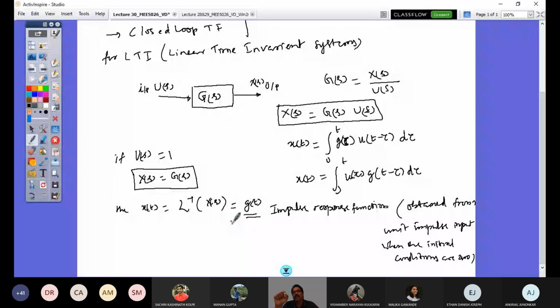So it's what's called an impulse response function in time domain. If I take the Fourier transform of my impulse response function, what I get is called a frequency response function. If I take the Laplace transform of my impulse response function, what I get is called a transfer function.